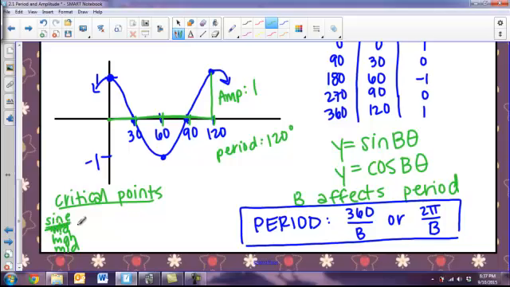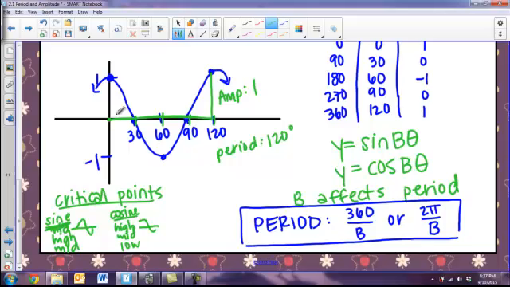So sine has that graph that starts and then goes up. Whereas cosine, you know that it starts up at a high point, goes to a middle, and then goes to a low. So it goes down like that.